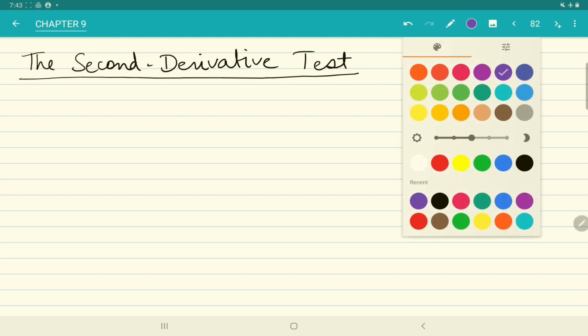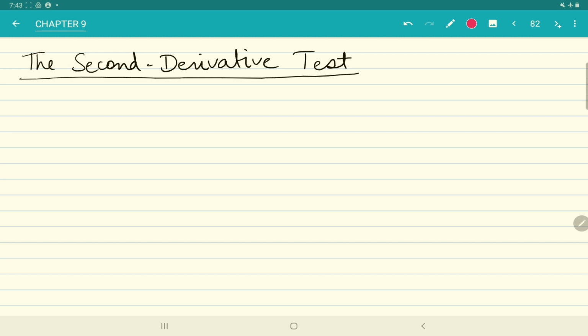If I talk about the second derivative test, for that we suppose that we have a twice differentiable function.